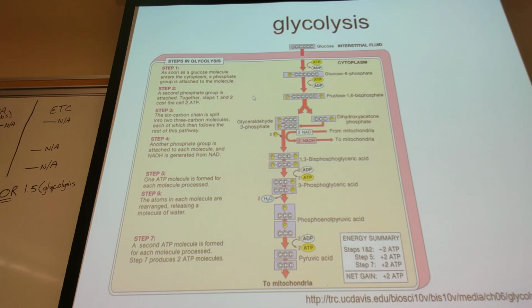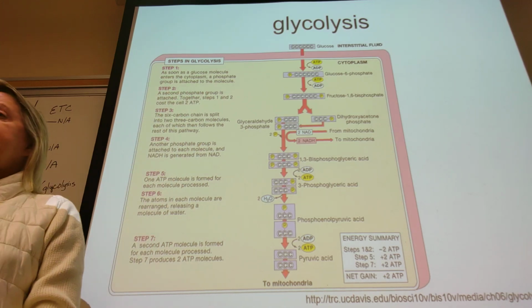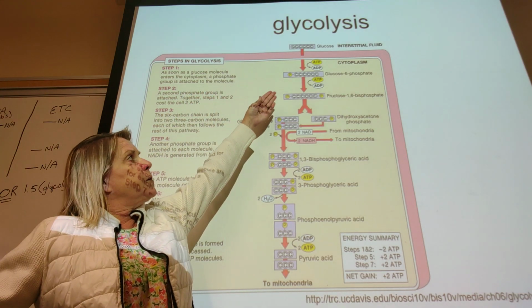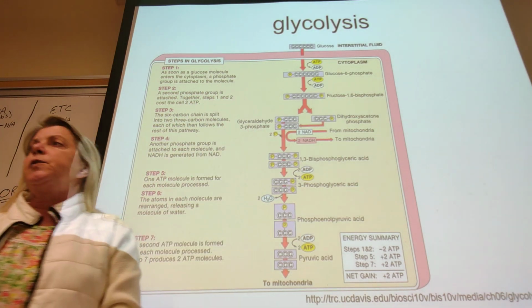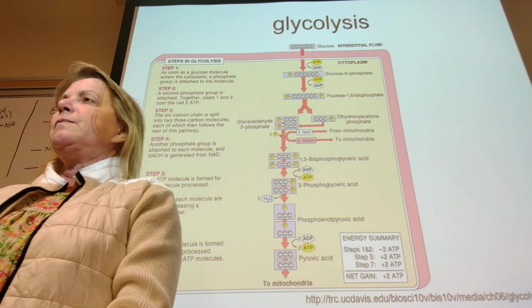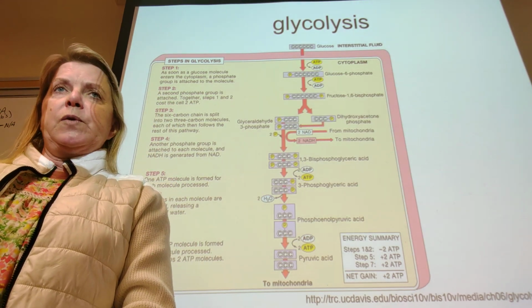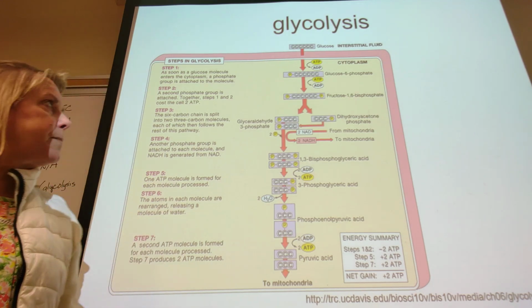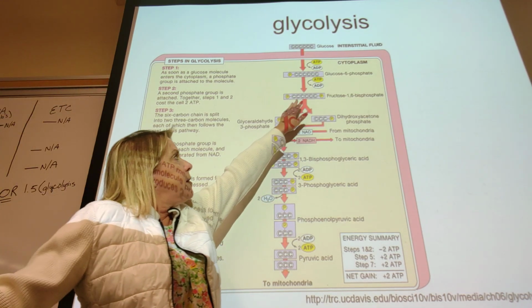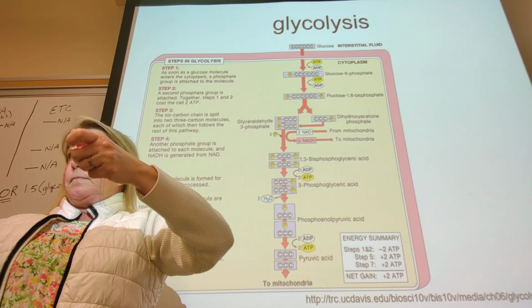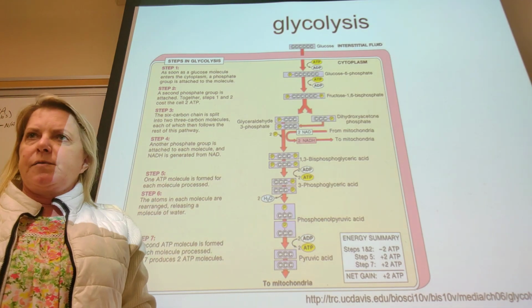Okay, glycolysis. We start with a 6-carbon chain called glucose. It has 12 hydrogen. And the first thing we have to do is invest some cellular energy. We have to invest some ATP, and we invest 2 of them. 2 ATP. Then we're going to start ripping apart this 6-carbon molecule into 3-carbon chains.